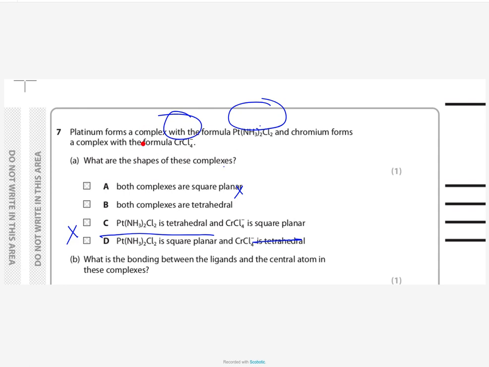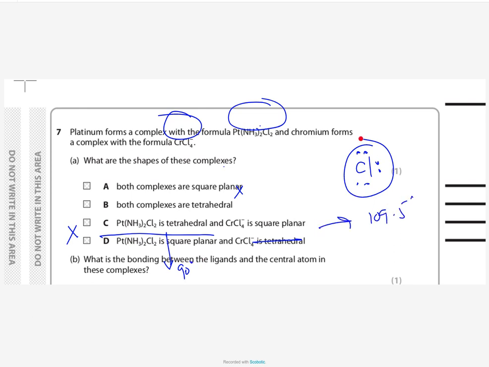the bond angles. We know chlorine is a ligand which has 3 lone pairs, so they repel maximum. But ammonia is a smaller ligand, not a giant ligand. So when there are giant ligands with many lone pairs, the bond angle will be maximum. In a square planar shape, the bond angle between each bond is 90 degrees, but in tetrahedral, it's 109.5.